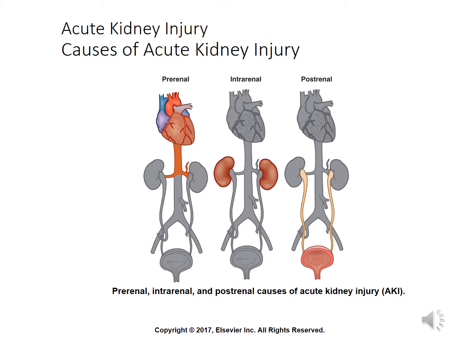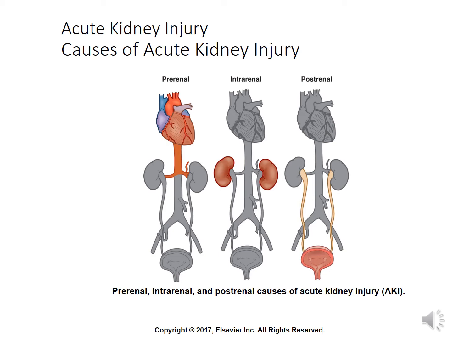Intrarenal cause of acute kidney injury is damage within the kidney to those renal tubules. So examples of intrarenal kidney injury would be acute tubular necrosis, where a client has damage to those basement membranes in the renal tubules. Perhaps a nephrotoxic medication, and I want you to think back to those nephrotoxic agents that we went through.